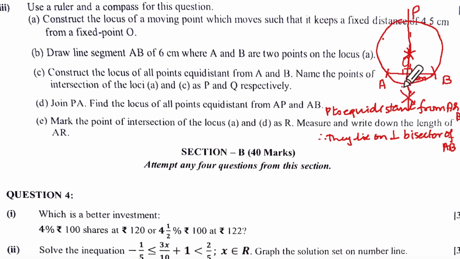This one. Now I can see a little clutter over here, so I'll just remove that extra clutter. So this is my point Q. Understood up to here. Now read D.